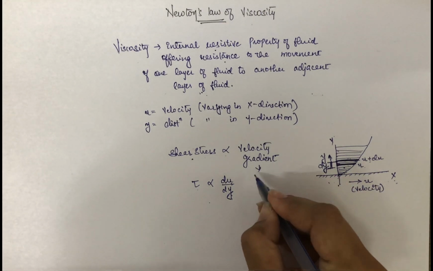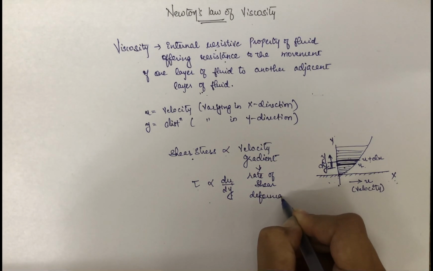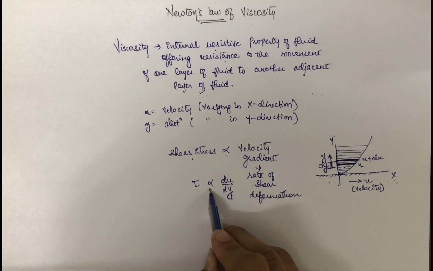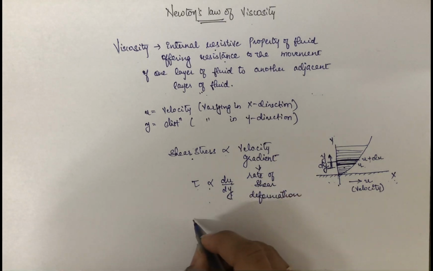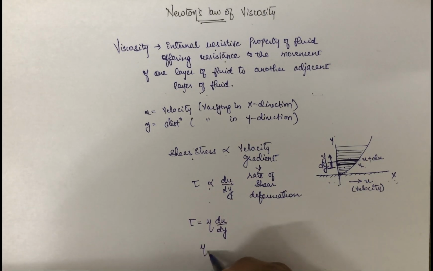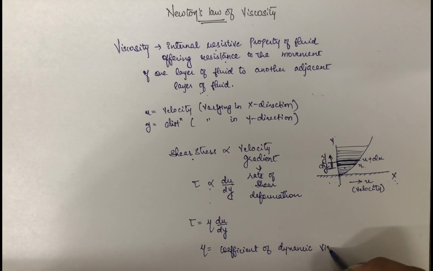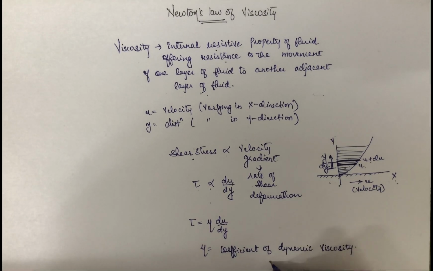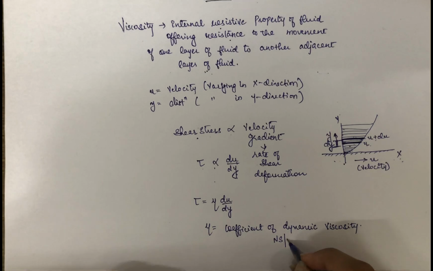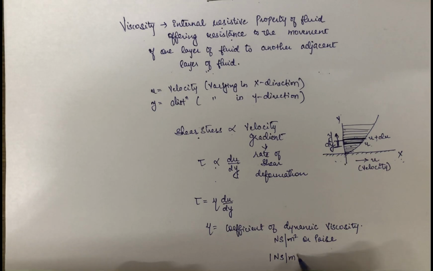This is also known as rate of shear deformation. If I remove the proportionality constant, then I get tau equals mu du by dy, where mu is known as the coefficient of dynamic viscosity, whose unit is Newton second per meter square or poise, and 1 Newton second per meter square is 10 poise.